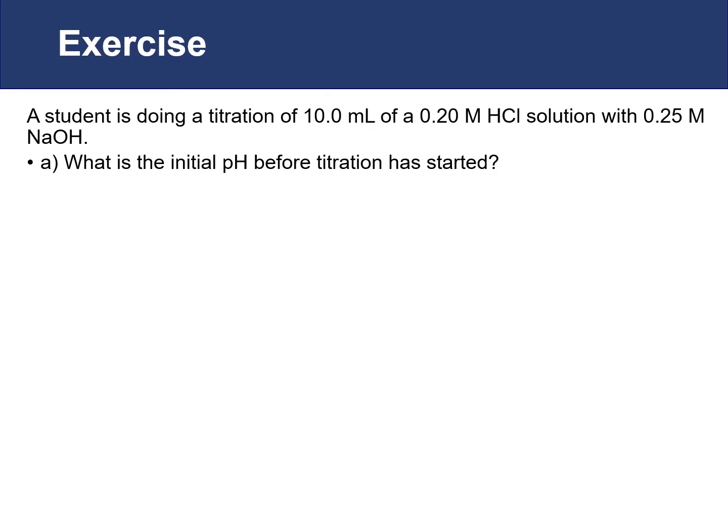Looking at the first of these examples is the location on our titration curve before we have added any of the strong base. So the student essentially has 10 mL of a 0.2 molar hydrochloric acid solution. What is the pH of that solution before we add anything?